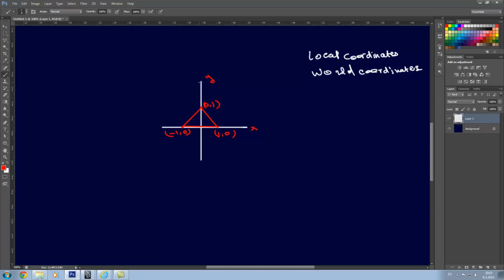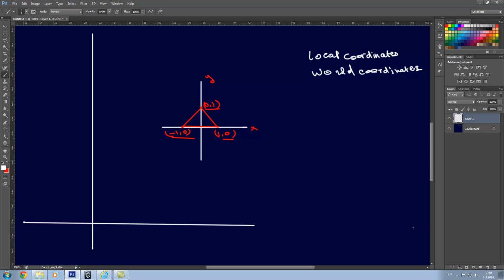Even though the position of this triangle, according to this blackboard, is completely different from these, is it? If this blackboard is my world, and I define a different coordinate system like this, this is the y, this is the x, and this is my world.